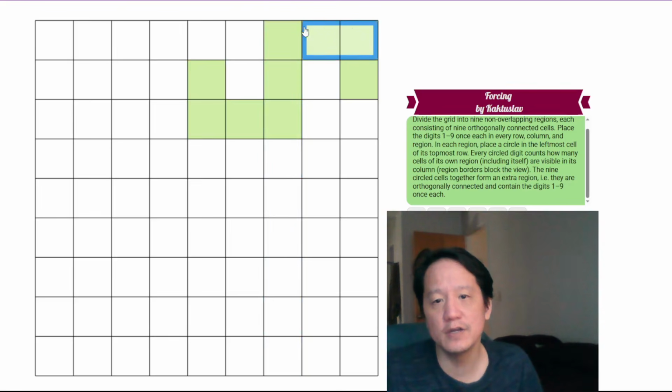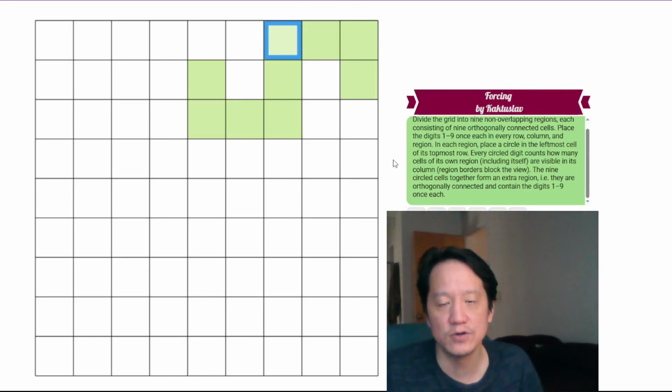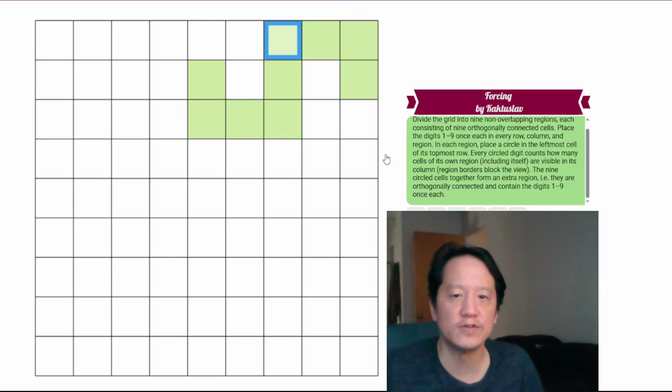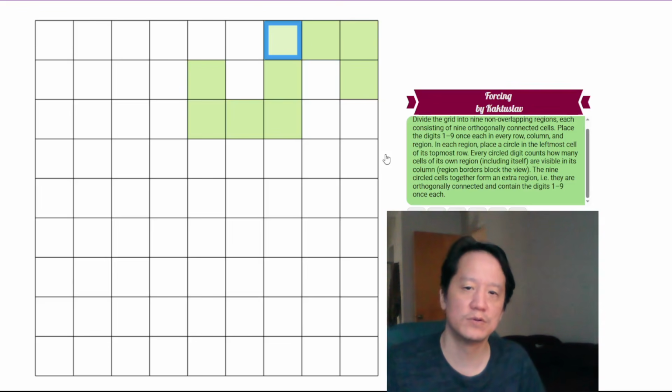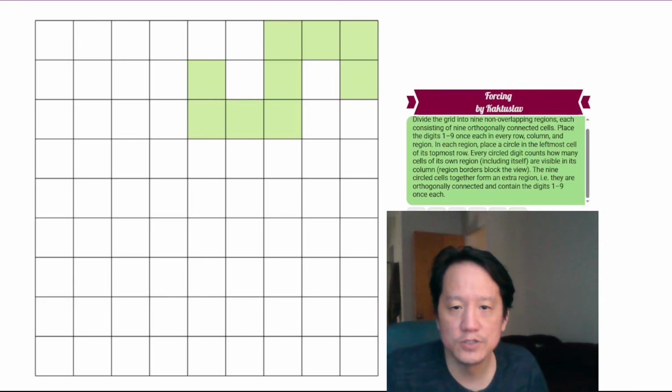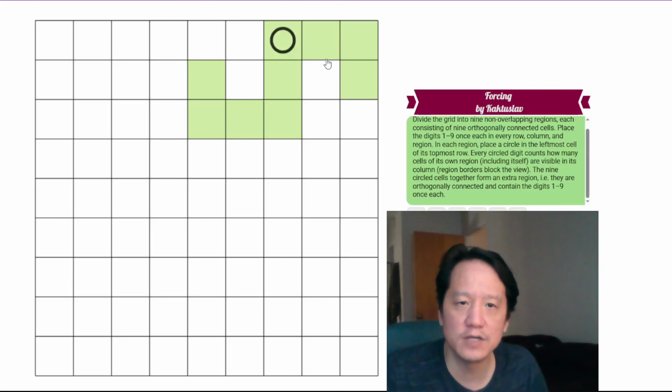So in this region, the circle would have to be here, because the topmost row is here. The leftmost cell of the topmost row is this cell.